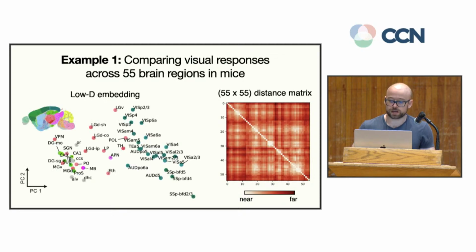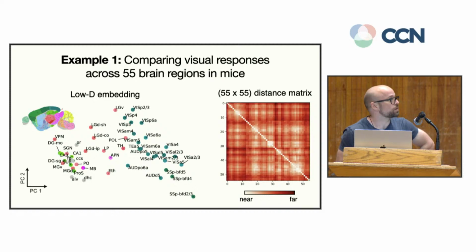So one thing you can do is perform basically a vector embedding by a technique called multidimensional scaling, followed by PCA to get a 2-dimensional embedding that looks like this. So each point in this low-dimensional space corresponds to a different brain region, and I've labeled all the brain regions for you here and colored them according to their anatomical coloring in the Allen Brain Reference Atlas.